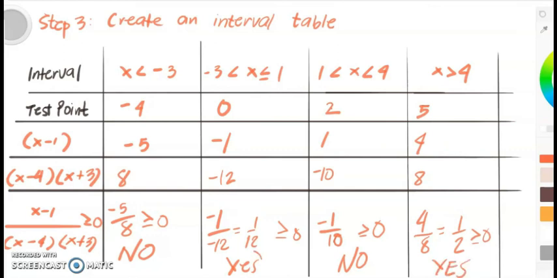Now, for these values that satisfy the inequality greater than or equal to 0, these are definitely the intervals we are looking for.